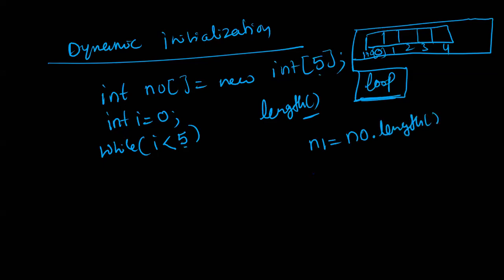Sorry, brackets will not be there, because for strings length is a method using brackets, but for arrays don't use the brackets. This is used to find how many locations are there, 1 2 3 4 5, so n1 will be filled with the value 5. Either you can give like that, or there is an alternative I am showing.